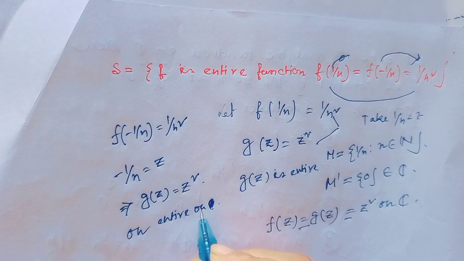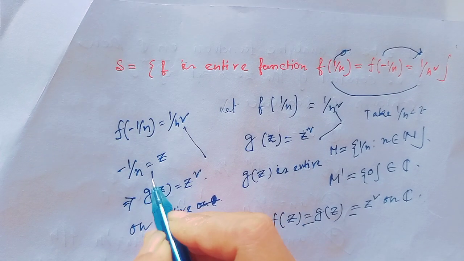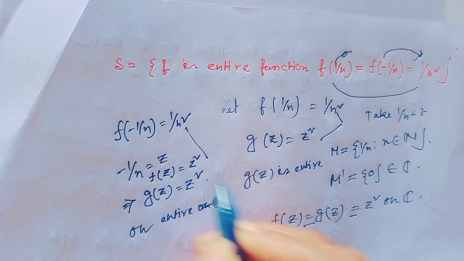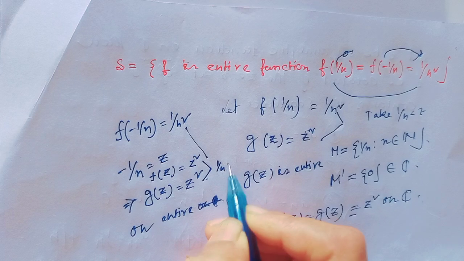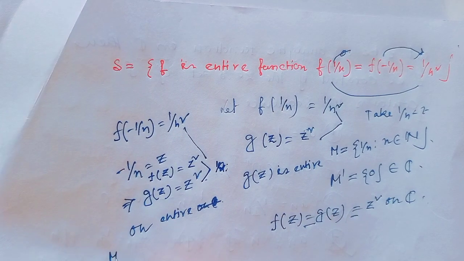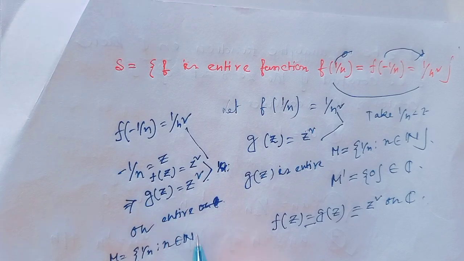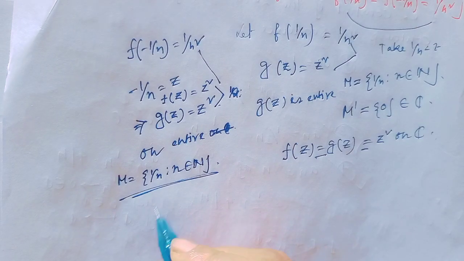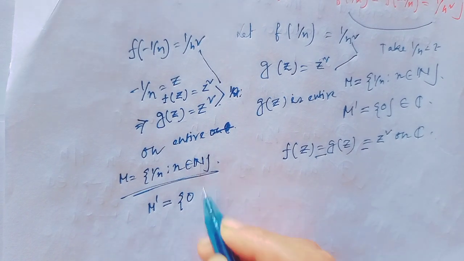Entire means this is analytic on the complex plane. f(z) and z square coincide on the set M equal to 1 over n such that n belongs to natural numbers, and the limit point of the set is 0.